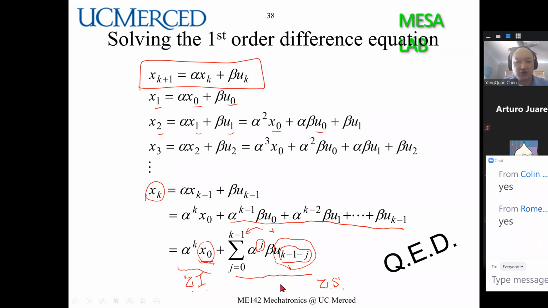You keep doing this, and you are going to see something very interesting. That is, you have a structure. So this is the same. This is simple. This is a response because of the initial condition. But this term has some structure. I want you to observe the power of alpha, K minus 2, versus the index here.